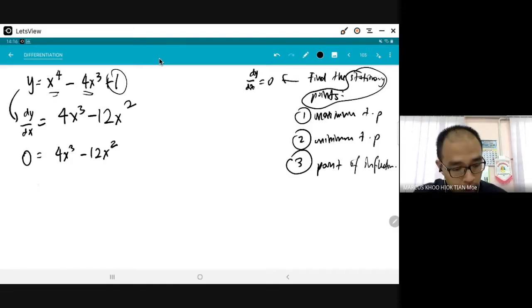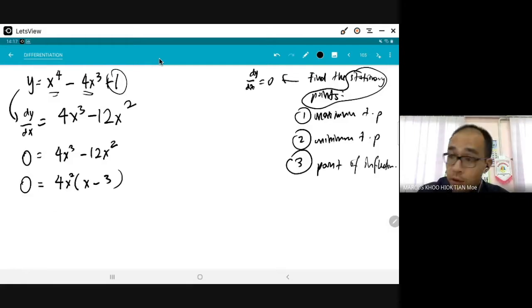Okay, and according to this, if we factorize out 4x squared, we will get x minus 3. Okay, so this will give you 2 points now, which is x equals 0 and x equals 3. Okay, this is basic factorization.